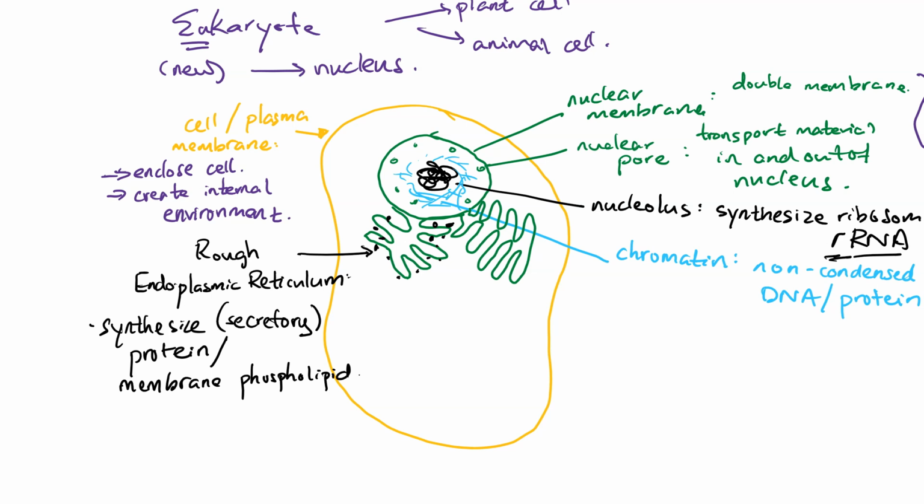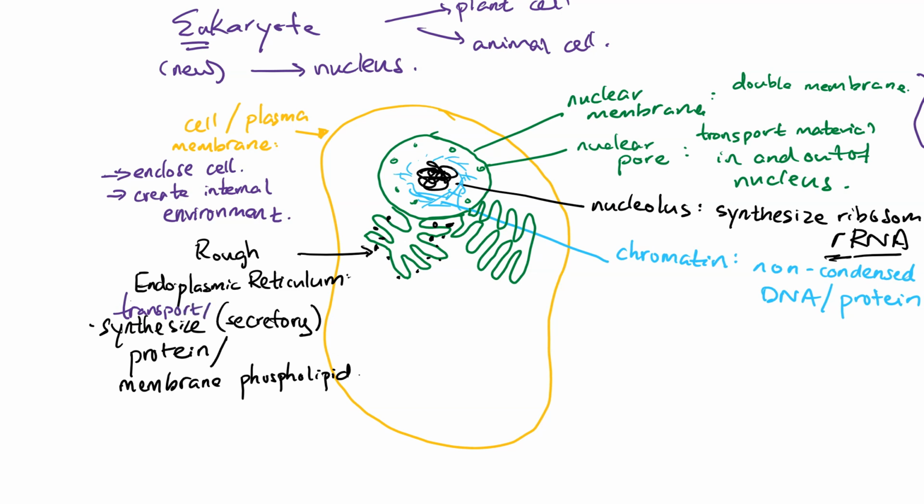Sometimes we will say instead of synthesize protein, because that's kind of the ribosomes' function, not necessarily the rough ER's, the ribosomes attach to it and put the protein being synthesized into the rough ER for transport. So sometimes we will also say the rough ER's function is to transport the synthesized protein.